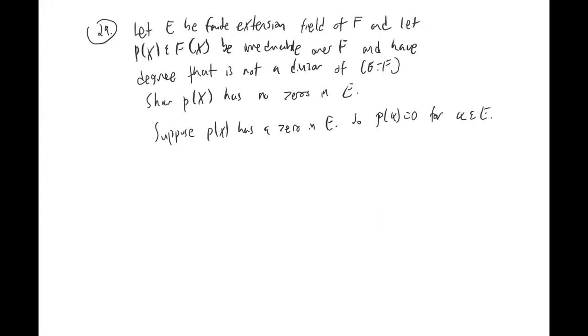What is this then? Wait, what do you mean by linear factor? Oh yes, it's expressed as a linear factor in E[X], but they tell us it's an element in F[X]. So can you tell me what the quotient F[X] over P(X) is?